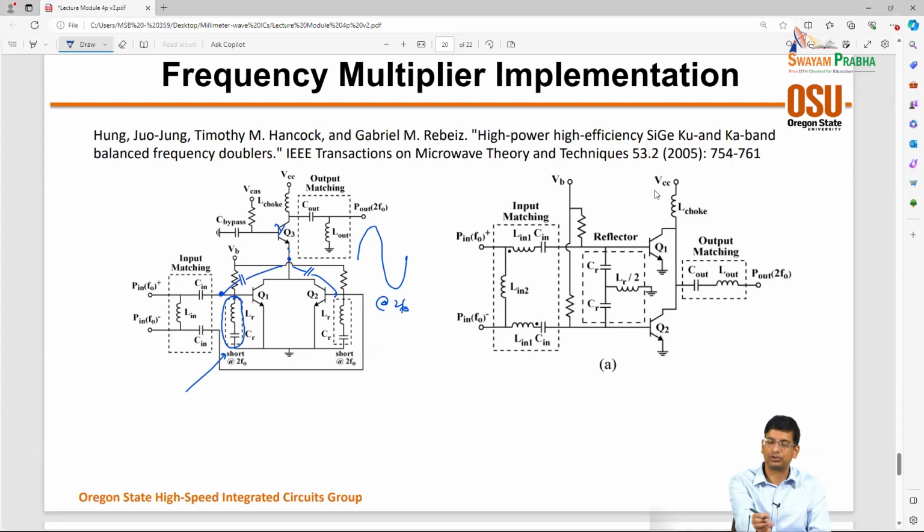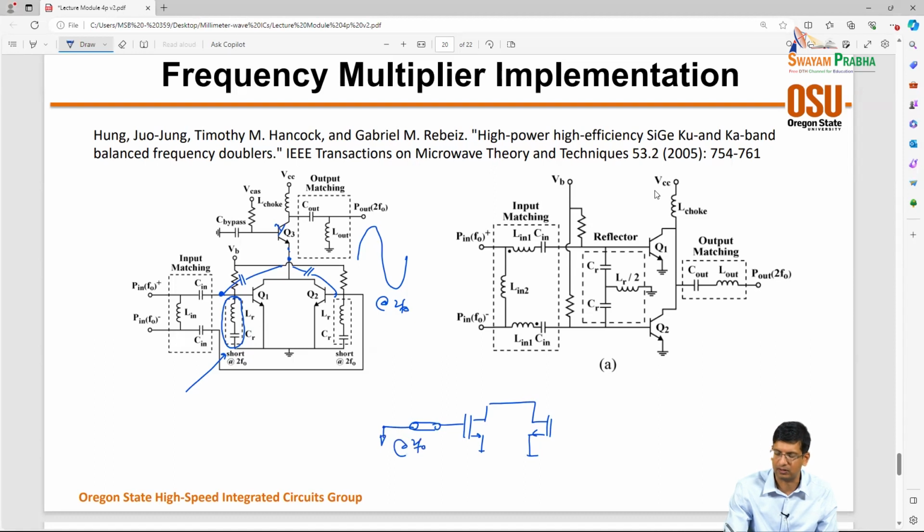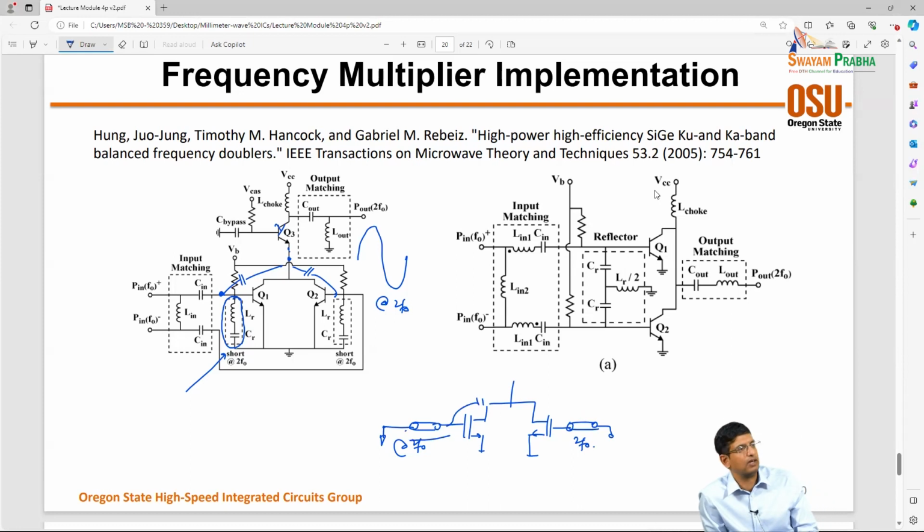The other approach that is also taken is that one can leverage it, where the general philosophy is that if I have a doubler scheme like this, a push-pull doubler, if I consider a situation where I'm able to create some kind of short or open at 2F0, right, I can find that there is a point where the coupled signal comes back, adds constructively or destructively, right? And this can help the conversion gain as well.